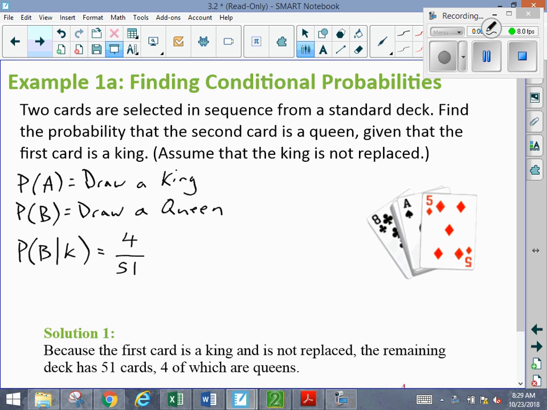So we're actually not going to use a formal formula for this. The idea is that once you've already drawn a queen, there's one less card in the deck, and there are 4 kings left.